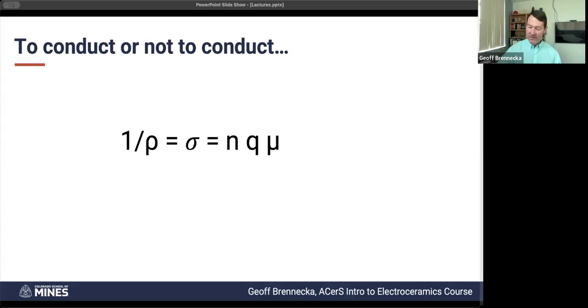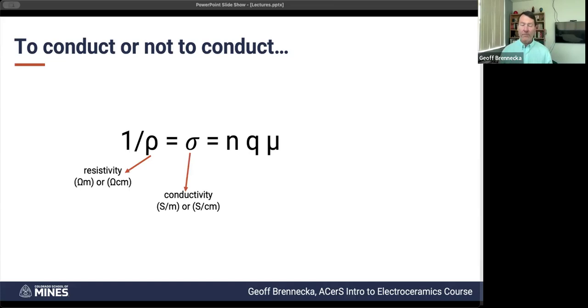So this is resistivity. Rho is resistivity. Sigma is conductivity. They're just inverted. So it's pretty intuitive that if something is a good conductor, it's a bad insulator or a bad resistor. If it's a good resistor, it's a bad conductor. So they're just directly inverted to one another. I've thrown the units on here that are commonly used. So resistivity is often reported in ohm meters or ohm centimeters.